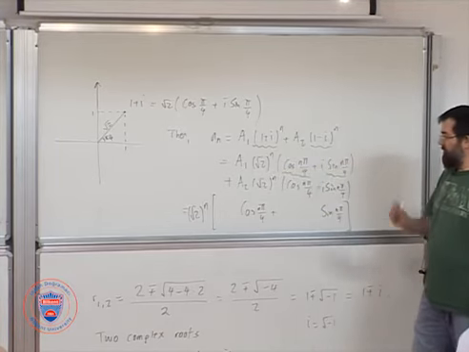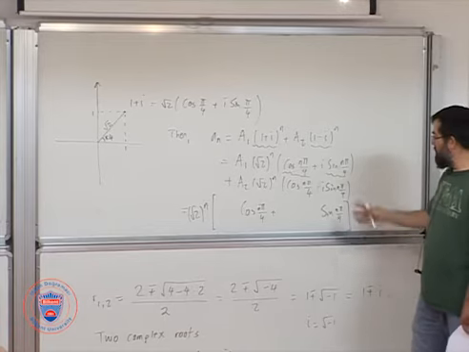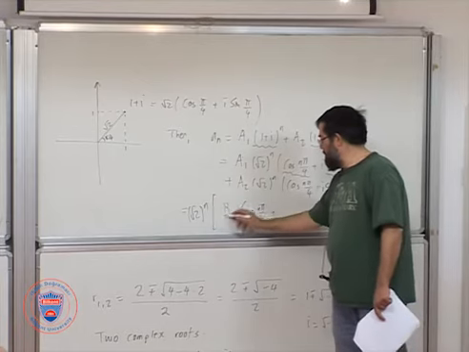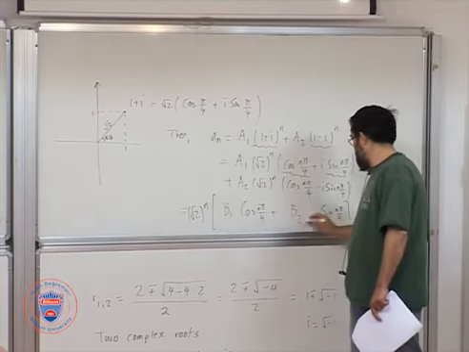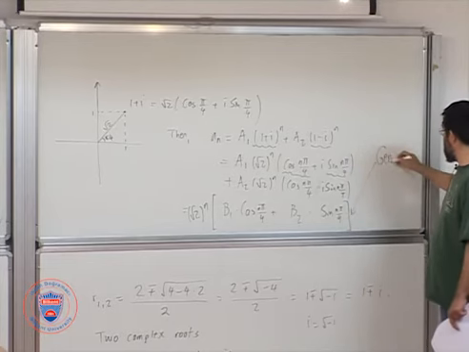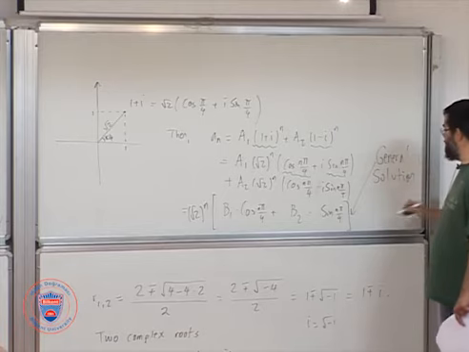But this is the crucial part: instead of calculating those and putting them here, we declare new coefficients, b1 and b2. And we say this is the general form, the general solution for the complex case.